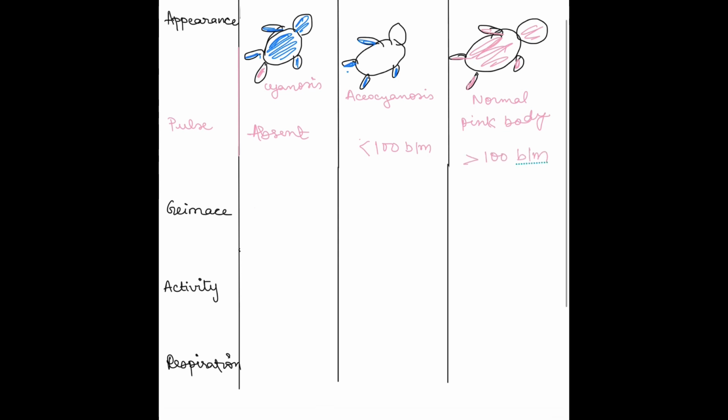Next, grimace. Grimace means how the baby responds. If the baby does not respond at all, we will score it 0. If the baby responds only when stimulation is provided, with a minimal response, we will mark it as 1.